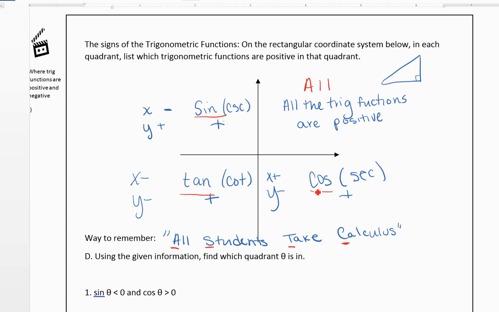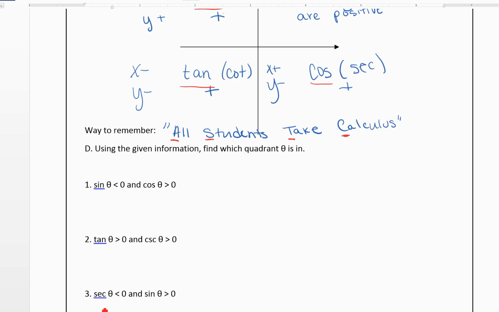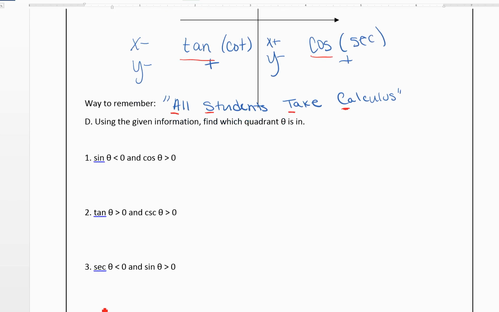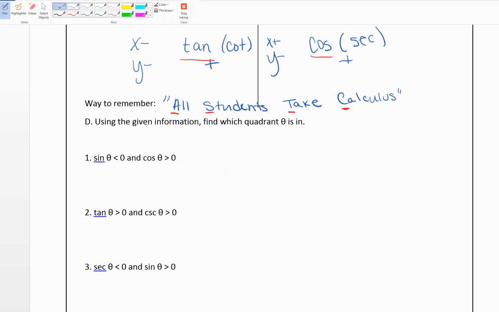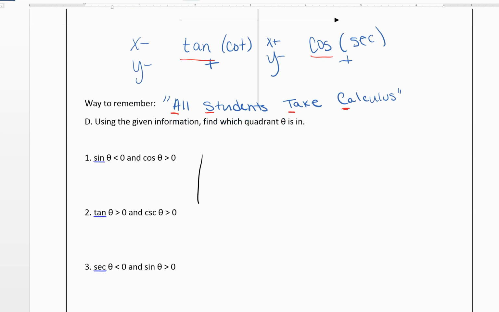Okay, and there are some little problems like this that we can use this information to solve. It says, using the given information, find which quadrant theta is in. So we want to know which quadrant is sine of theta negative and cosine positive. I like to start and just look at one piece of it first, since we want both of these to be true.